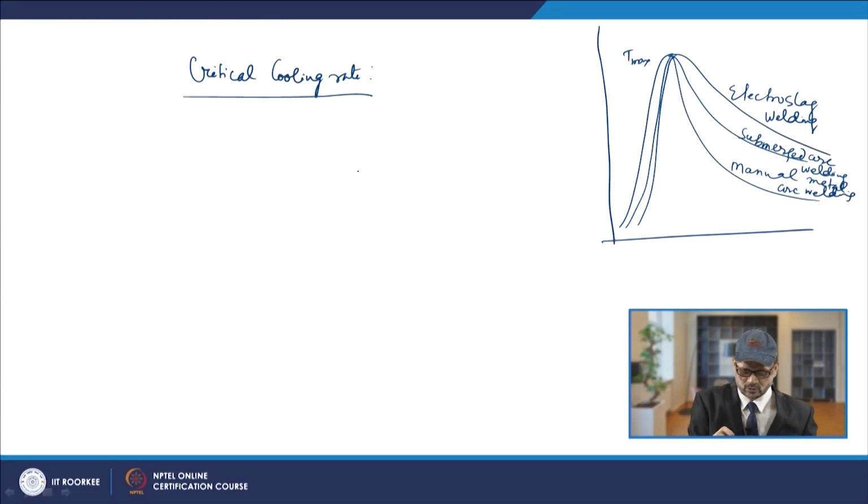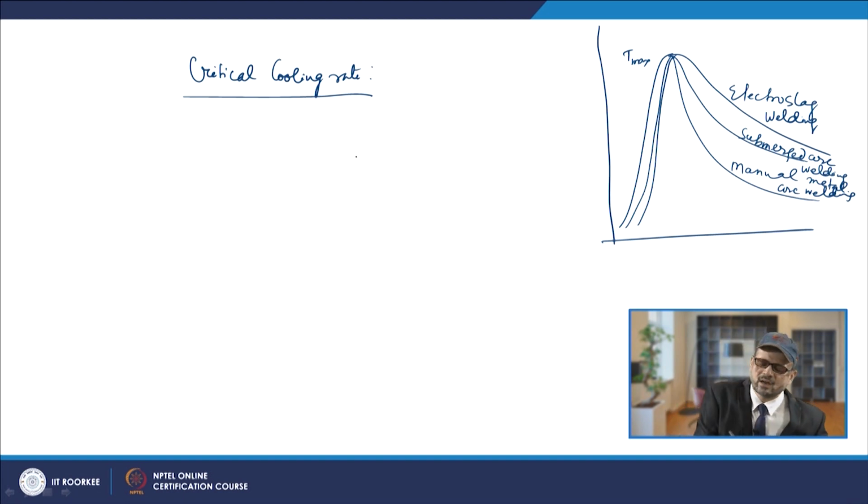If the cooling rate is not beyond that, then you will have to further use the TTT diagrams. So, martensite formation can be understood using that critical cooling rate.